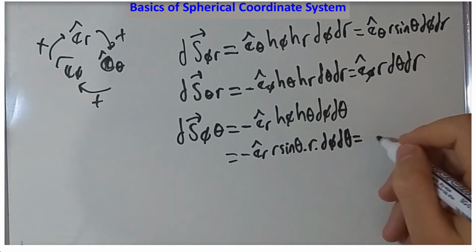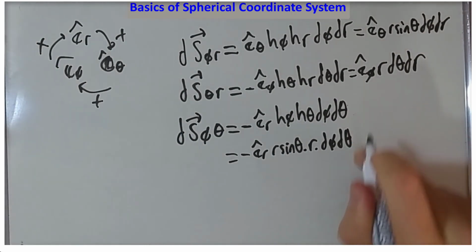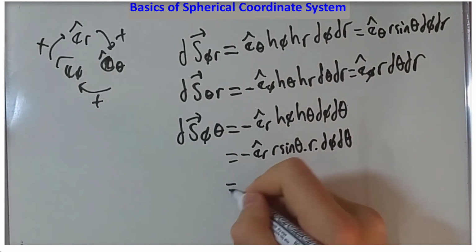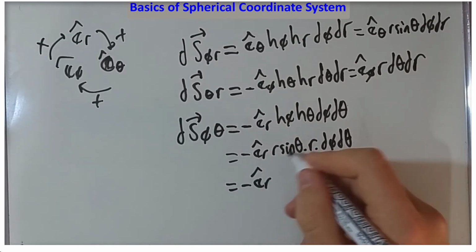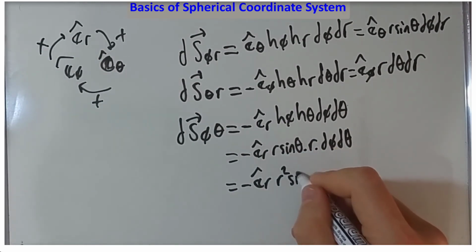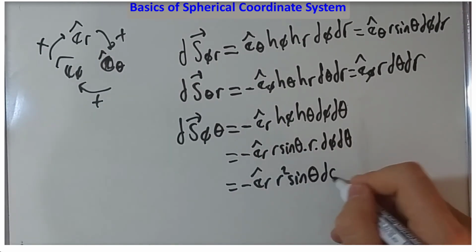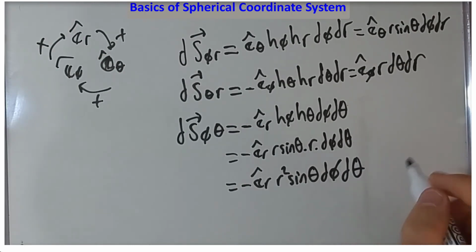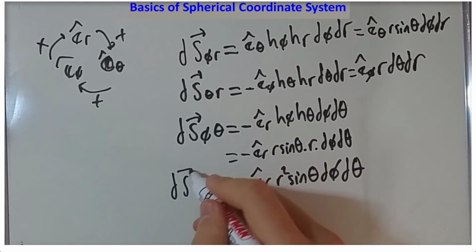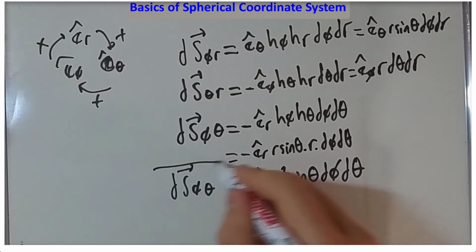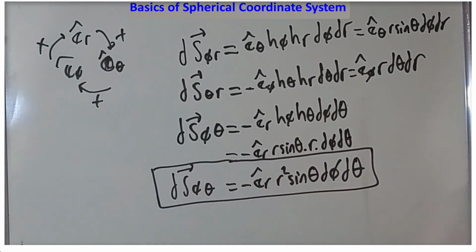If we arrange it again, this is equal to minus er direction r squared sin theta d phi d theta in the form of ds phi theta. We write it like this, my friends.